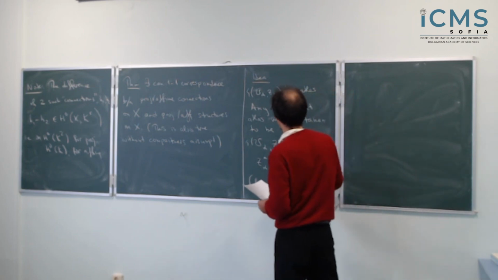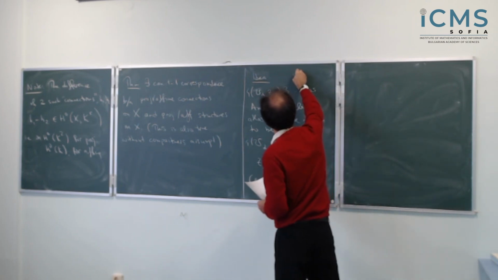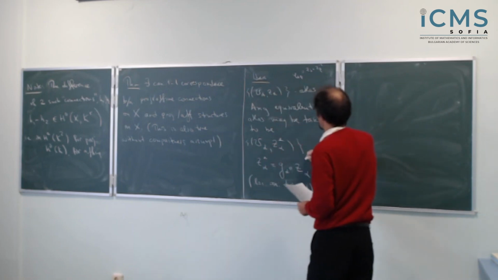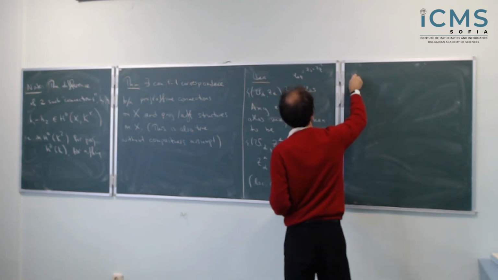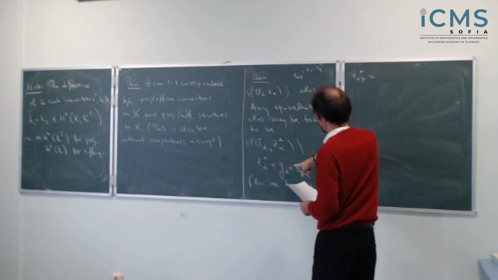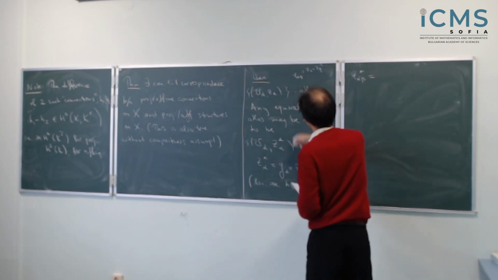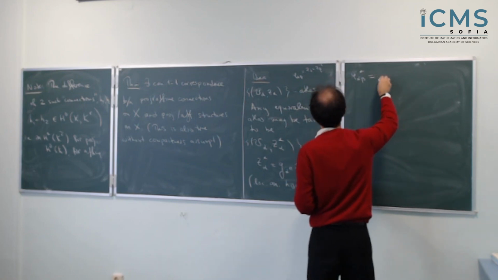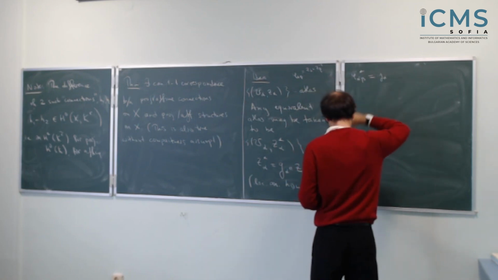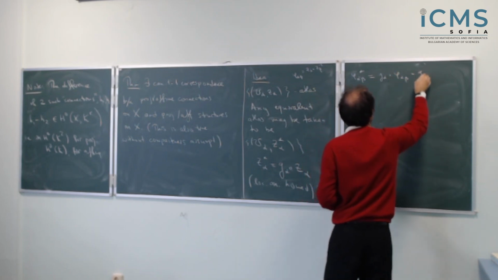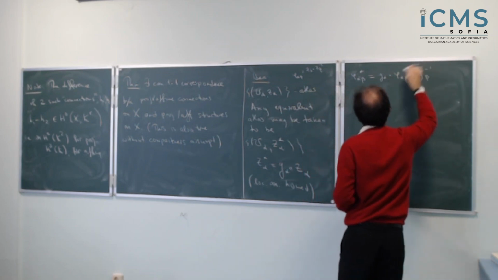Let's say the transition functions here are phi alpha beta. With this equivalent atlas, we'll have some phi alpha beta star, obtained from these by conjugating with G alpha and G beta. So this is G alpha after phi alpha beta after G beta inverse.